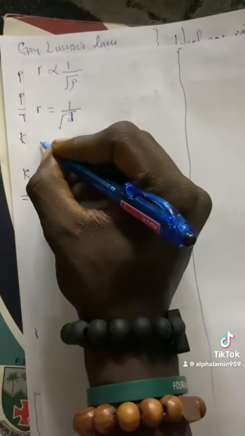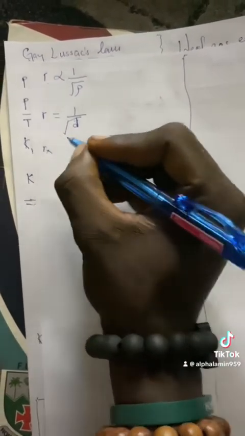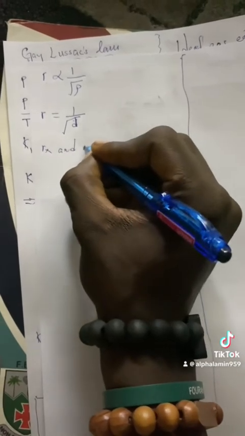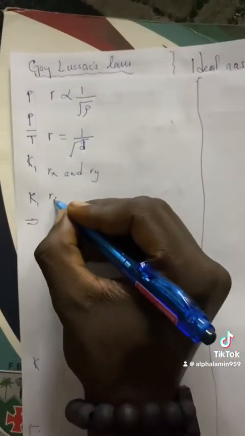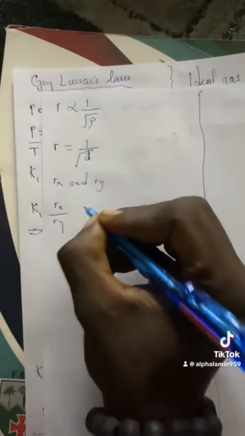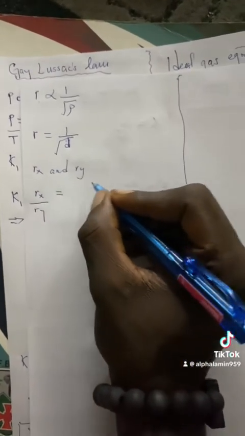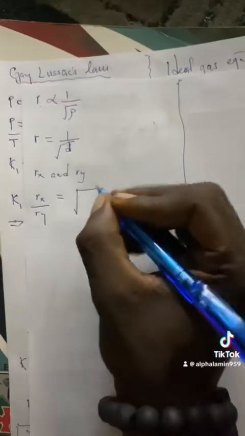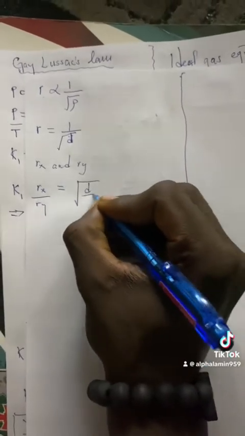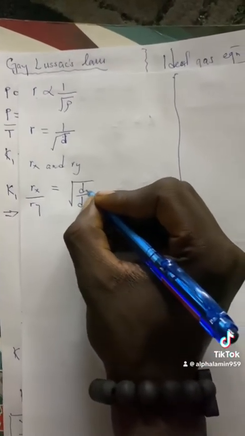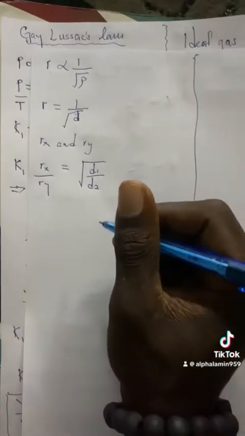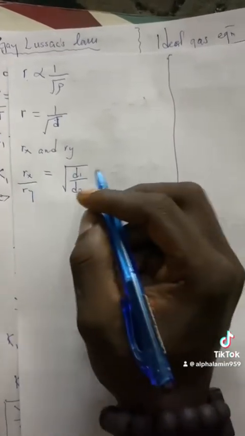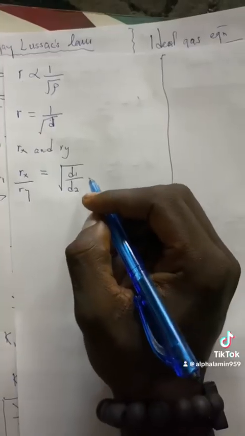We can have two gases like Rx and Ry within the mixture. So Rx over Ry is equal to the square root of d1 over d2. This is Graham's law of diffusion.